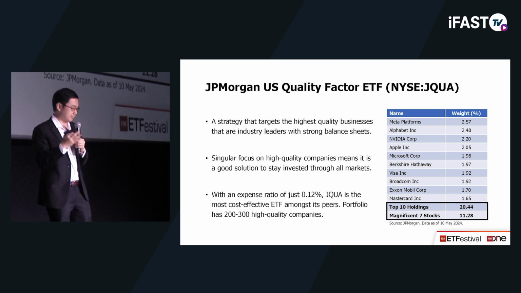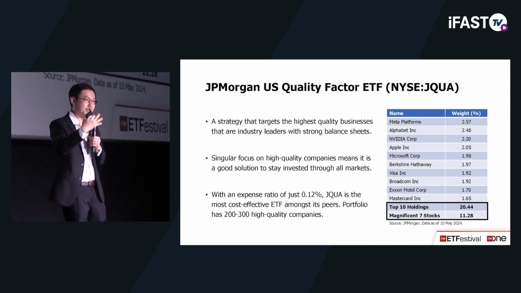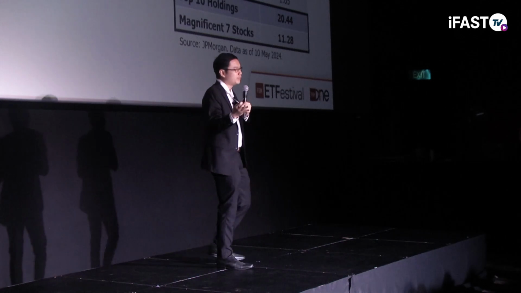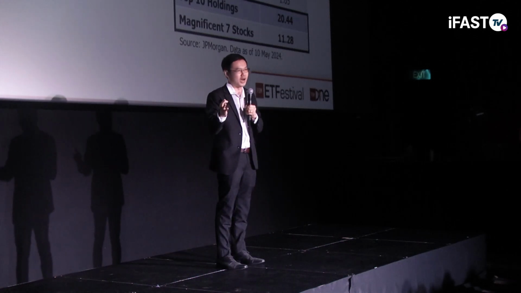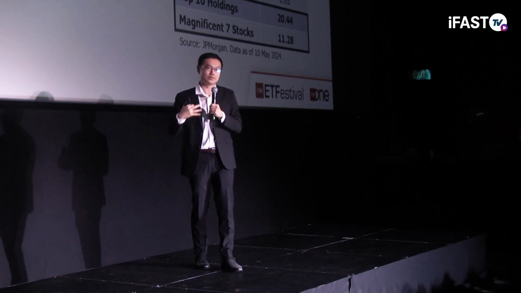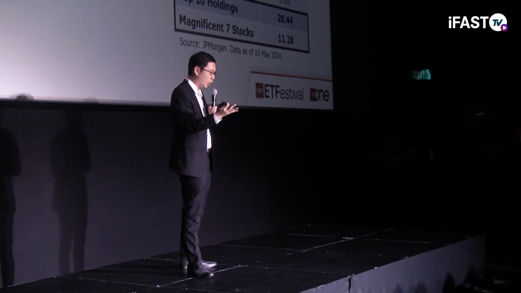As the name suggests, this is an ETF that invests in the highest quality businesses that are industry leaders in their respective areas, and they also come with strong balance sheets. In other words, these are companies that can last for a long time. They prosper during good times, and they are also very resilient during times of crisis. It is also a lot more diversified, as you can see from the holdings.